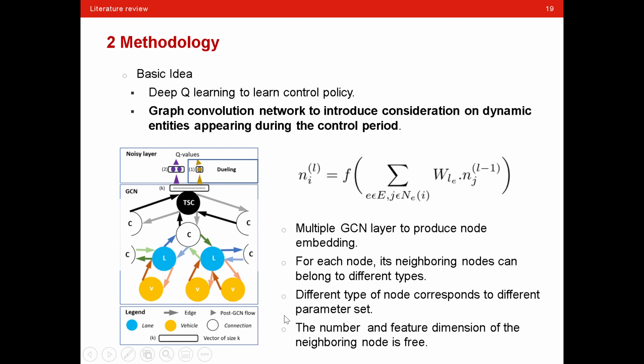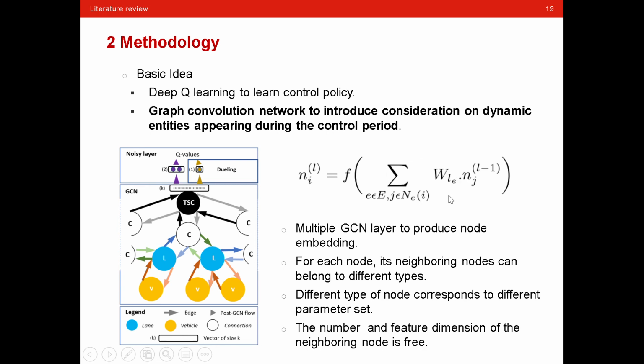And the graph neural network is very useful because the number and feature dimension of the neighboring nodes are flexible, because they can sum the nodes of the same type, and the features are reduced to the same dimension each time.